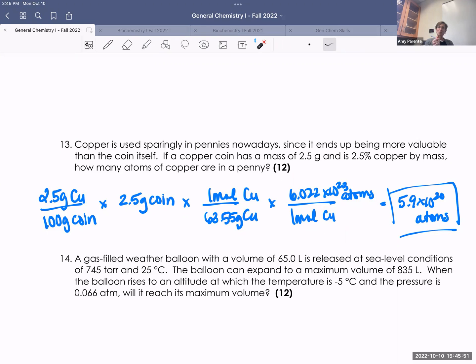Now, how do I make moles go away? Well, I can relate moles to grams. And then I can relate grams of coin to grams of copper. You can work backwards. I think that's a little bit harder to do, but sometimes it's important to recognize I need to have Avogadro's number, with that number of atoms in my numerator, because that's what my answer needs to have.